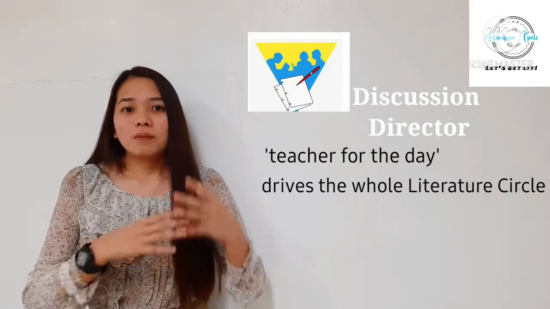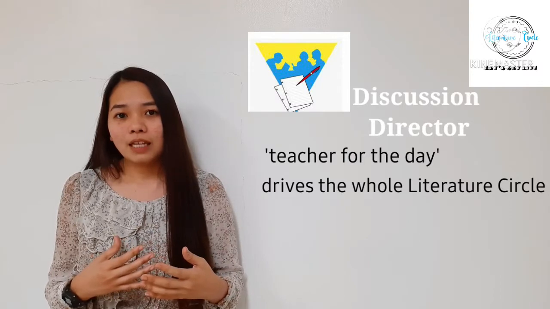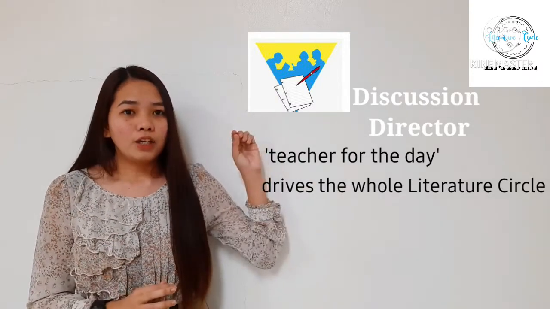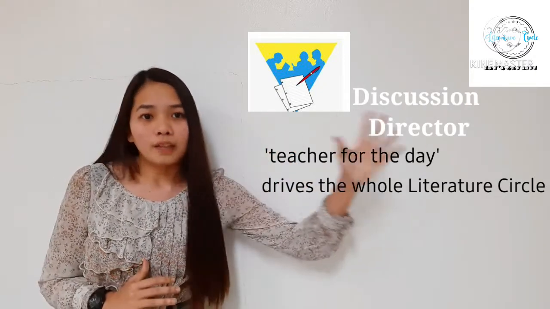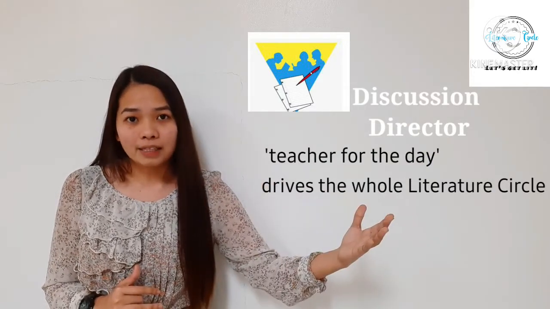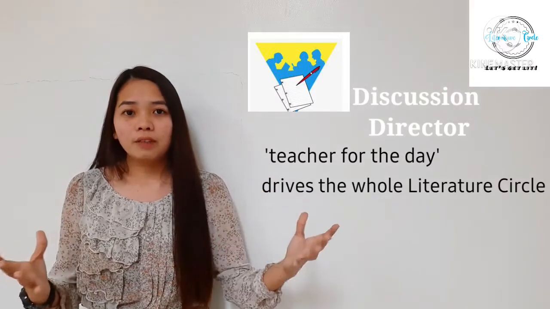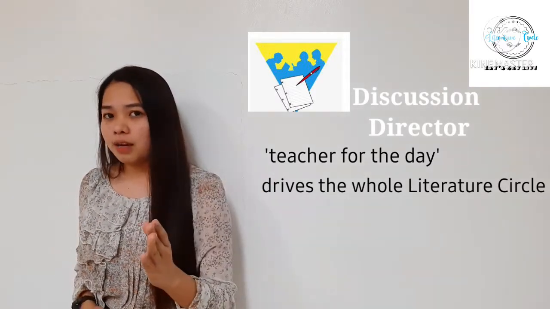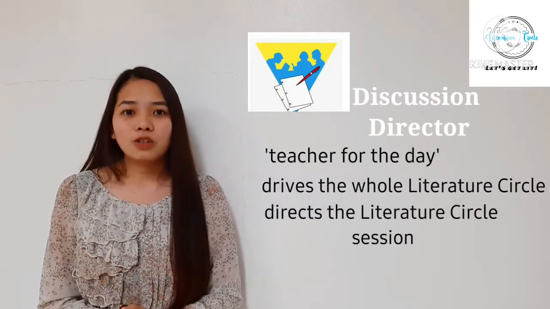You have to ask specific questions that we will have to answer at the end of the chapter. You will be the one to call on the others for their roles. For example, may I call on the passage speaker, or the illustrator, the travel tracer, and so on. So that's your job. Discussion director, you're directing the whole literature circle.